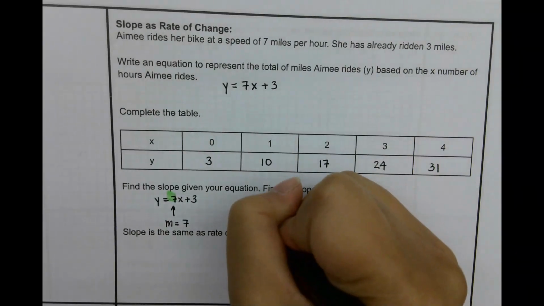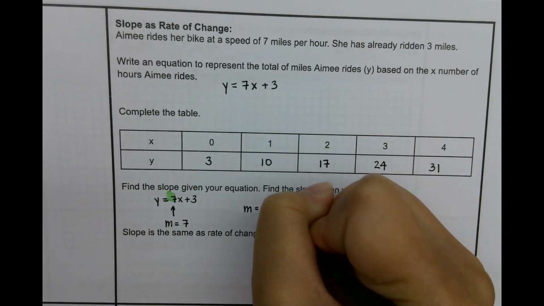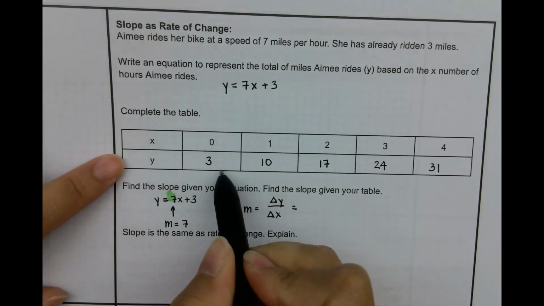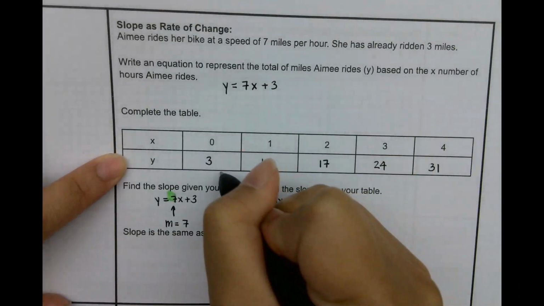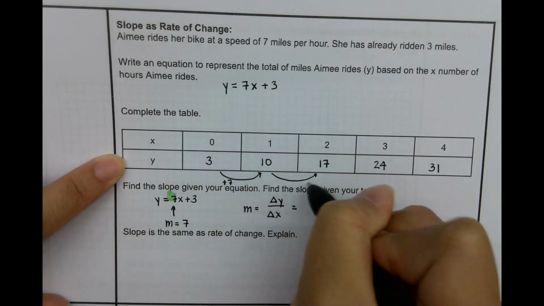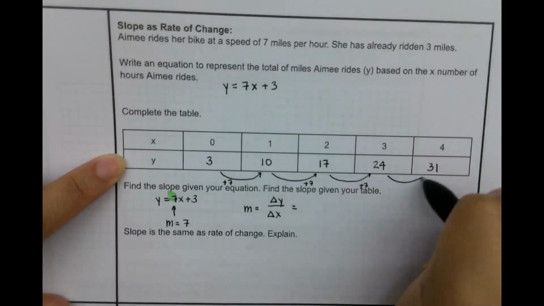Right? So we talked about how for our table, it is our change in y over our change in x. Okay? So here in our change in y, we can see that every hour we added 7 miles. Right? Plus 7. 17 to 24 plus 7. 24 to 31 plus 7.